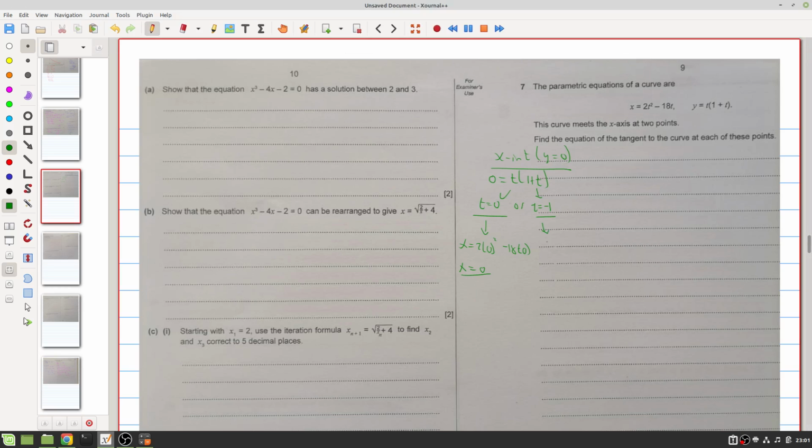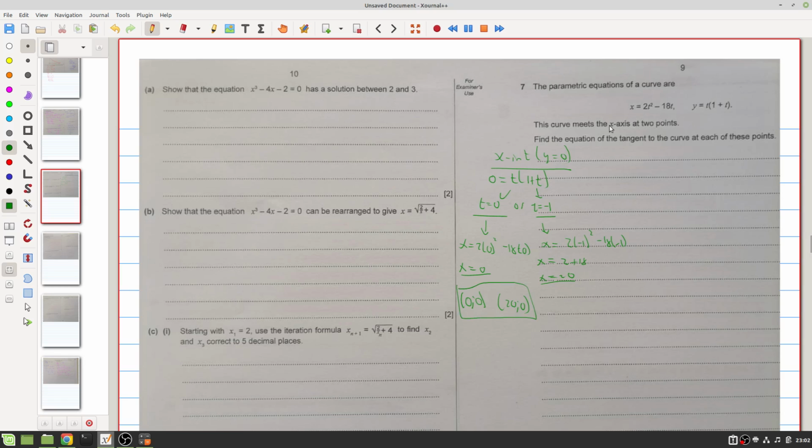Or x equals 2 times negative 1 squared minus 18 times negative 1. Negative 1 squared is 1, 1 times 2 is 2, negative 18 times negative 1 is positive 18, so x equals 20. Okay, so our coordinates for the x-intercepts are 0 and 0, or 20 and 0. So those are our x-intercepts.